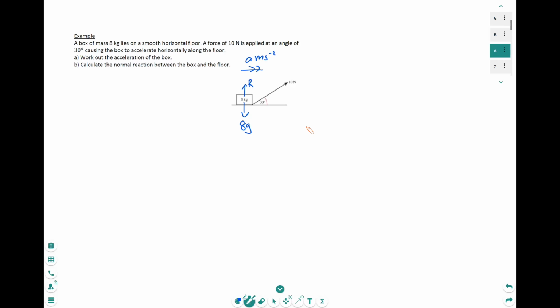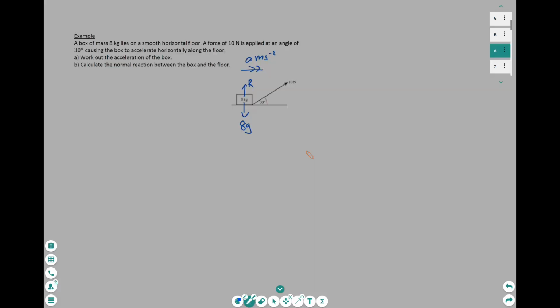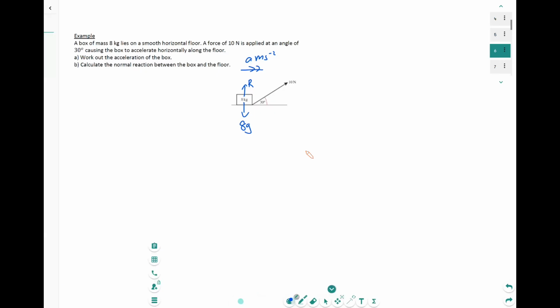All right. So what we can do is imagine there is an invisible axis in here, using the center of the box as the origin.